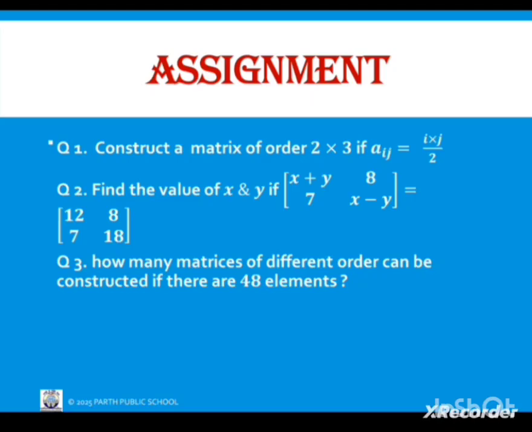And third question, we have given that there are total 48 elements. इन 48 एलिमेंट्स को लेकर आप कितनी मैट्रिसेस कंस्ट्रक्ट कर सकते हो, different order. जैसे for example, we have 12 elements, then we can construct 2 into 6, 6 into 2, 3 into 4, 4 into 3 and any more. आप ऐसे भी कंस्ट्रक्ट कर सकते हो, different order. But remember one thing, the number of rows and number of columns should not be 0. आप 0 नहीं ले सकते, आप 1 से स्टार्ट कर सकते हैं.